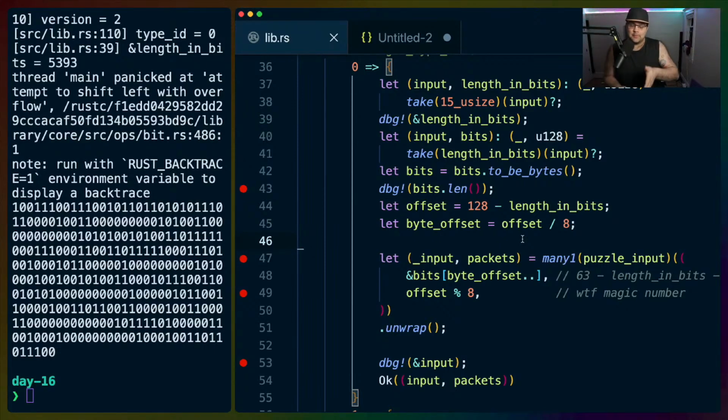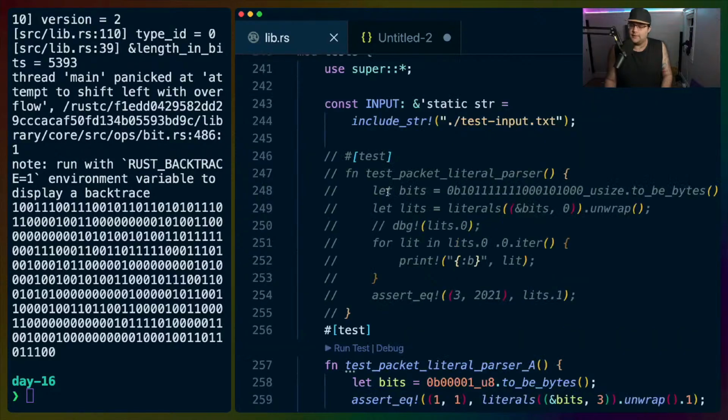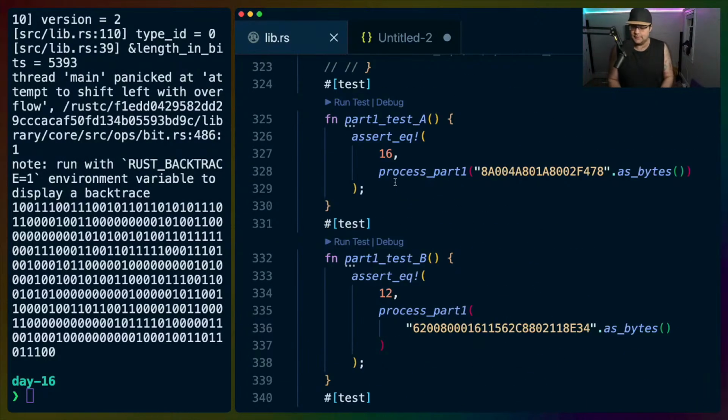So we need to skip the first one, which is what this is doing, is checking for the byte offset. And then we need to set the offset into that byte. So in that case, we would set it offset at 5, and then we would get the rest of the byte as bits.